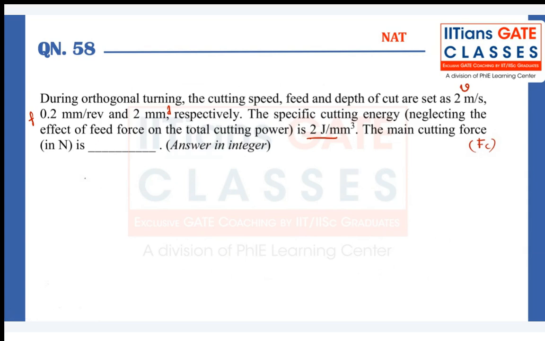Now let us see what is given. Cutting speed is given: it is 2 meters per second. Next, feed is given: 0.2 mm per revolution. Depth of cut is given as 2 mm.